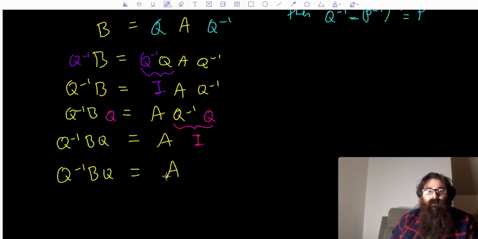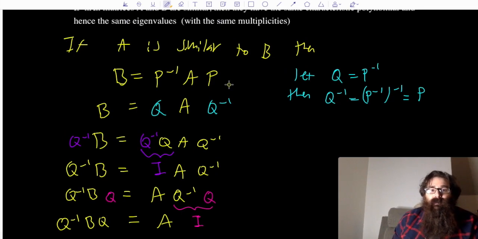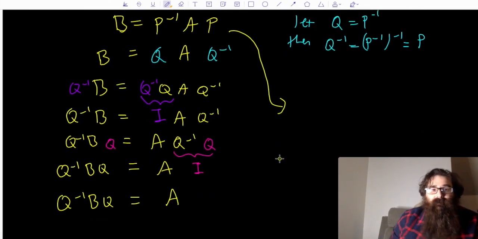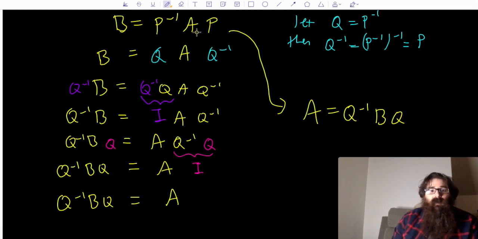And now let me write this same equation, not going to change anything. If B is equal to P inverse times A times P, then this implies that A is equal to Q inverse times B times Q. And notice how it looks like almost the same statement.